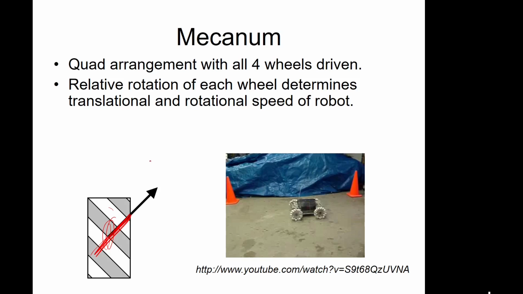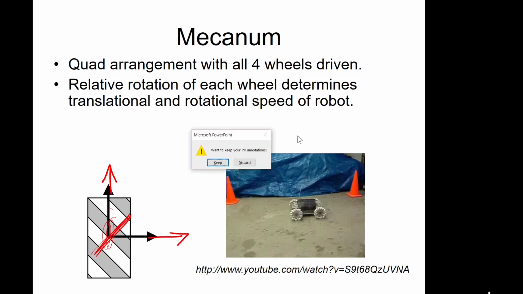If we resolve that back, then that means you're getting a component of force in this direction and a component of force in that direction from the wheel. So the wheel is giving you the option of driving it forwards or sideways. So depending on how you drive each wheel, you can get different motions from this robot.